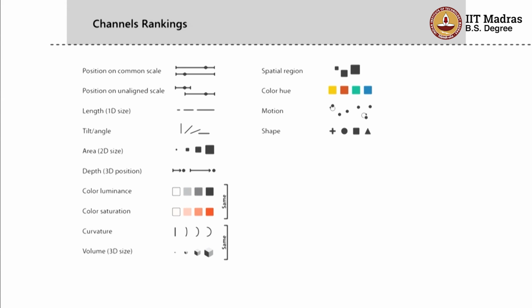Curvature, volume, and the ones on the right are all used for categorical data, like shapes, color hues, and ones that are moving versus not moving, and then shapes.